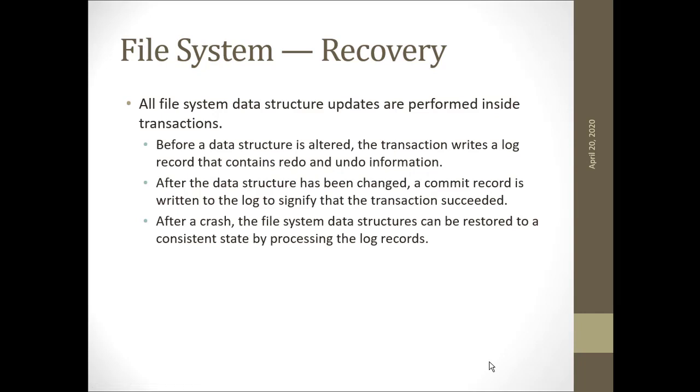So under the file system there is a topic, recovery. All the file system data structure updates are performed inside transactions. Before a data structure is altered, the transaction writes a log record that contains redo and undo information. So on the basis of this log record, we can recover the information from wherever we find a problem in the process.